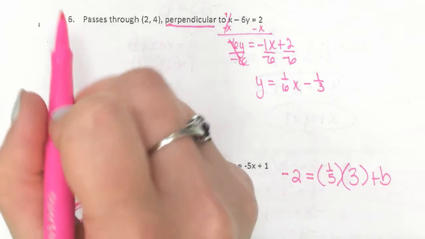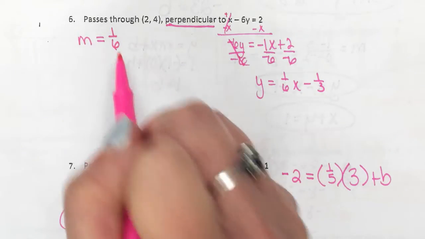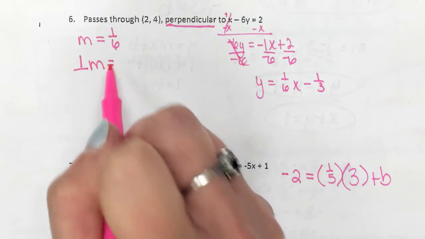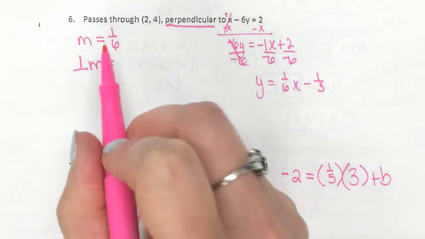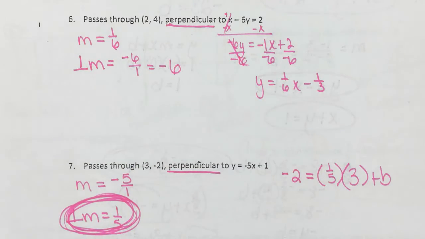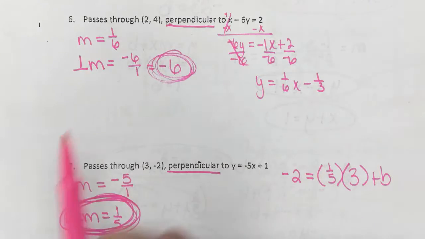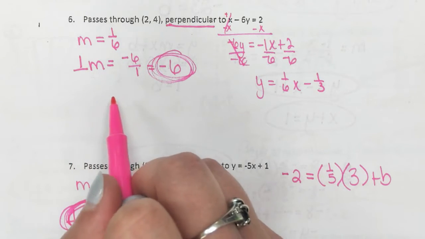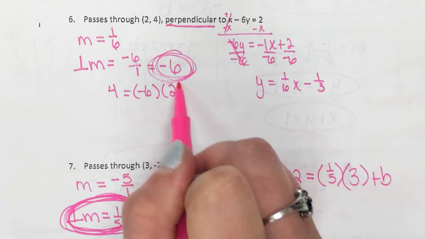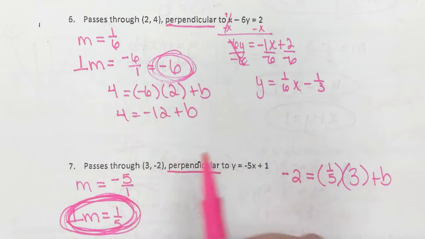Okay, what's your slope? 1/6. What would be the perpendicular slope? -6/1, which is -6. This is the guy you use right here. You use this guy. Alright, so let's see. You got 4 equals -6 times 2 plus b. So that's -12 plus b.